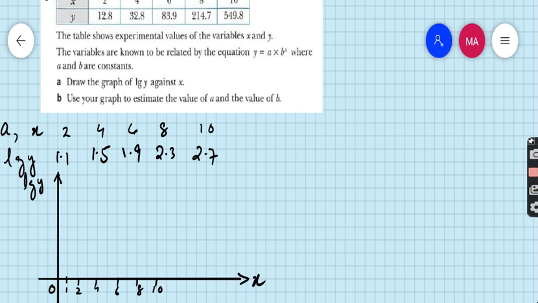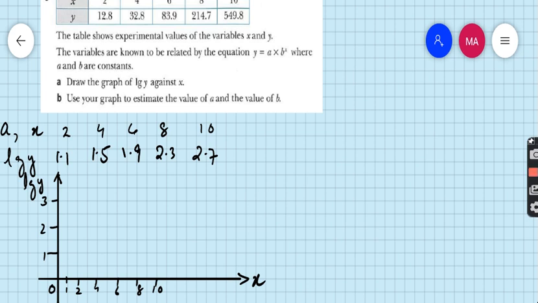The maximum value of y is 2.7, so I am taking 2 squares as 1. 1, 2, and 3.